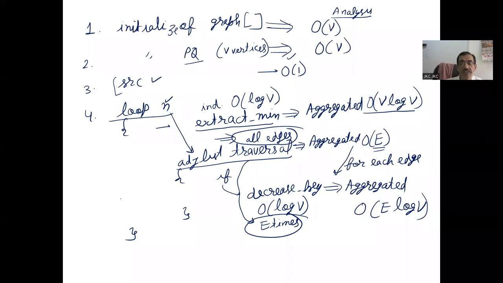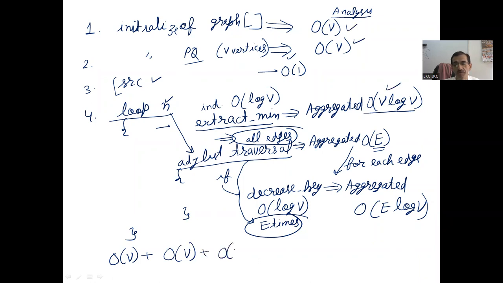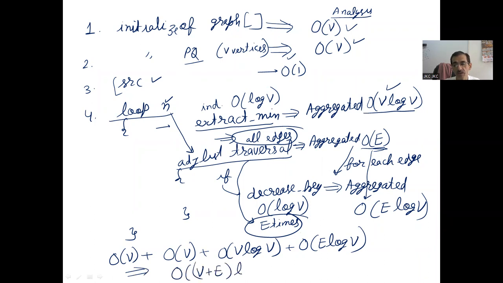It is order of V, plus order of V for this step, plus order of V log V, and this one has been aggregated here, so it is order of E log V. Combined, I can easily say it becomes order of V plus E into log V.